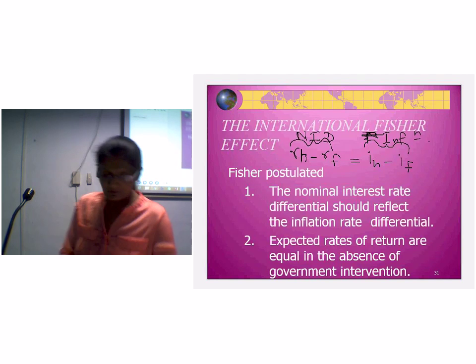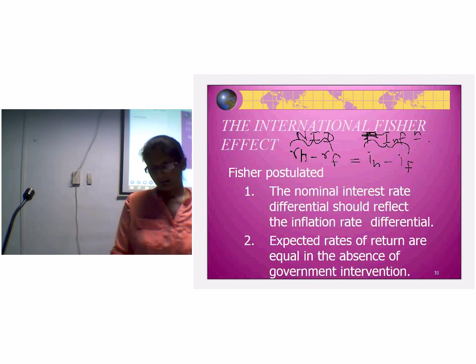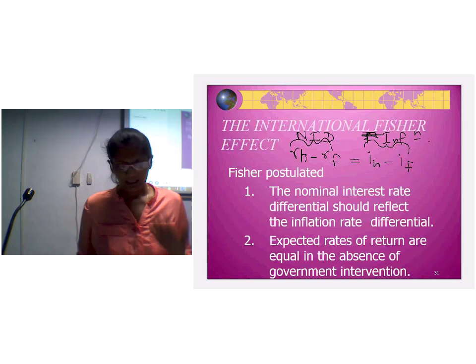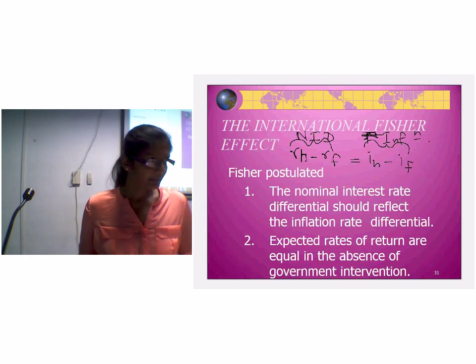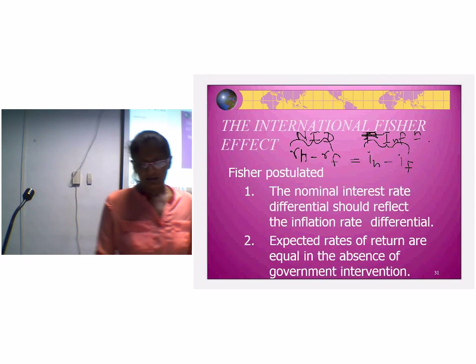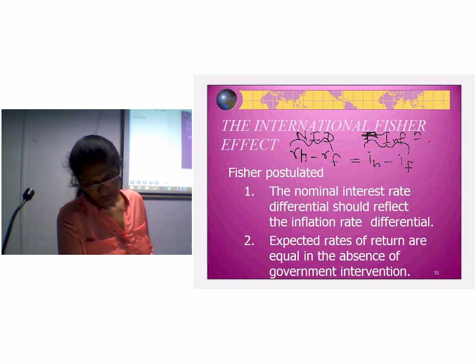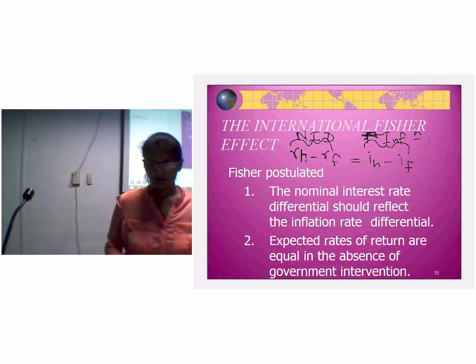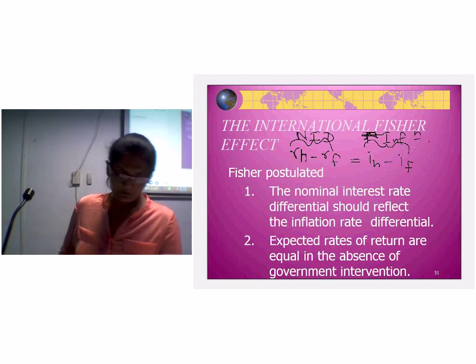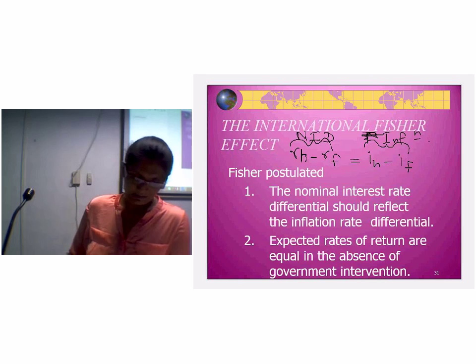If the expected rates of return are not equal in countries, it will lead to cash inflows and outflows, right? So that indirectly says that it will stop the fund inflows and outflows from the country due to the exchange rate change, right?